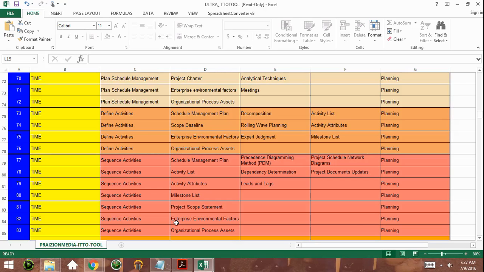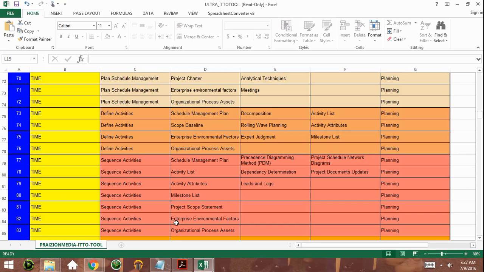Okay. Estimate activity resources is the process. So define activity, sequence activities, estimate activity resources. Okay. So in estimating activity resources, one thing I do know for sure is in the tools and techniques. I'm going for the tools and techniques again. Hang on.